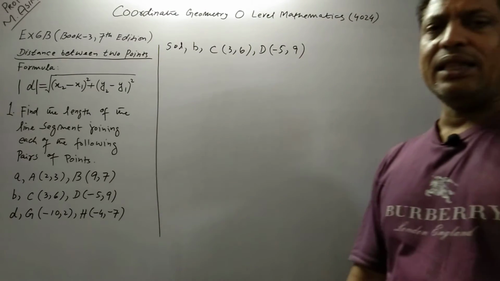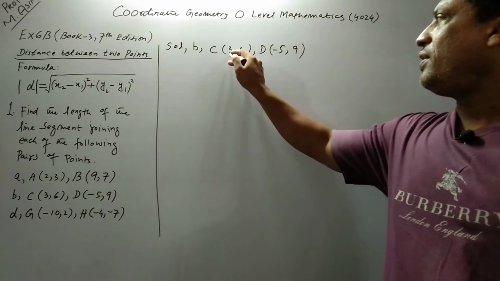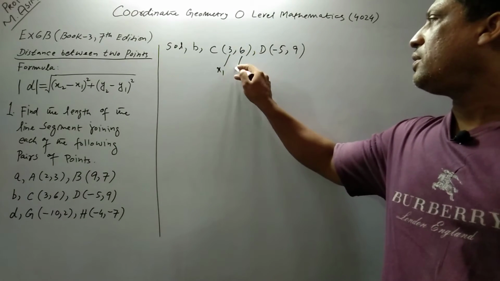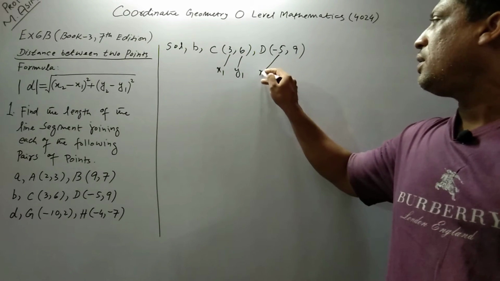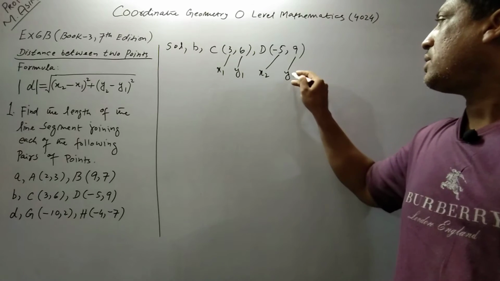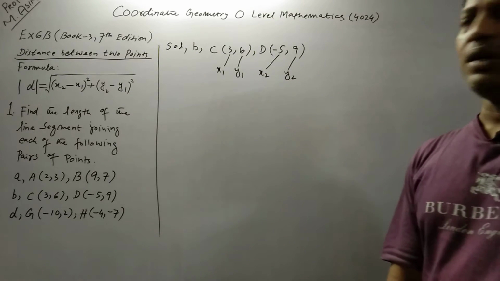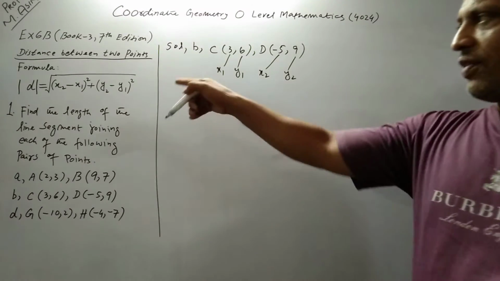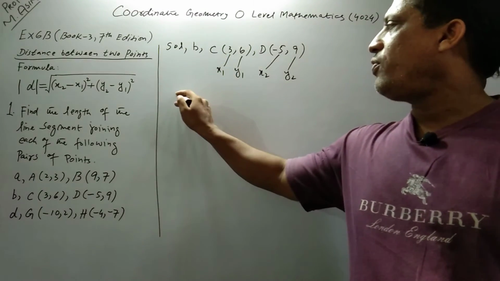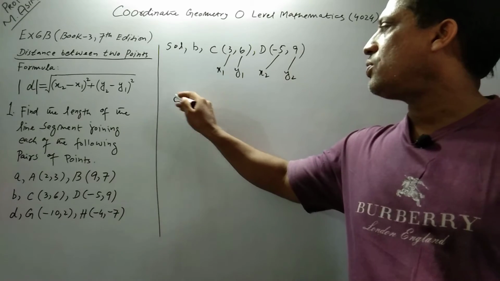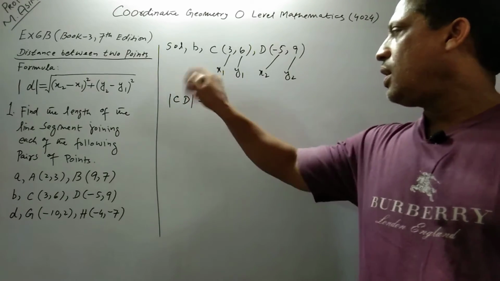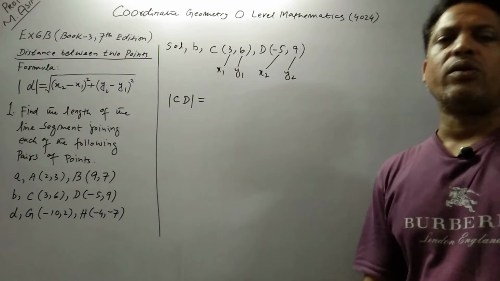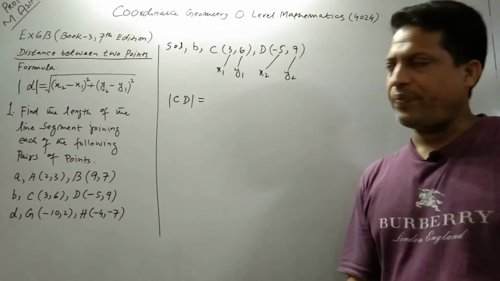Again, assign the names x1, y1. This is your x1, this is y1, this is x2 and this is y2, and put the values of x1, y1, x2, y2 in the given formula. So we have to find the distance of CD, so we must apply the modulus sign because distance is always positive.